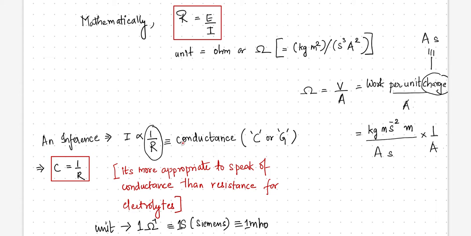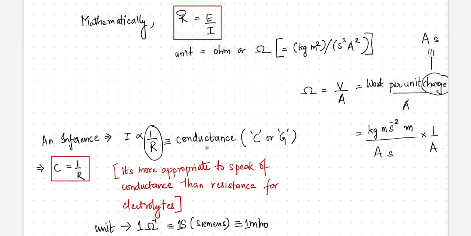Now you might be thinking, we already know what resistance is, so why do we need to add another terminology called conductance? This is because when you talk about electrolytes, the more appropriate way to define resistance would be in terms of conductance. So the current would be directly proportional to conductance.